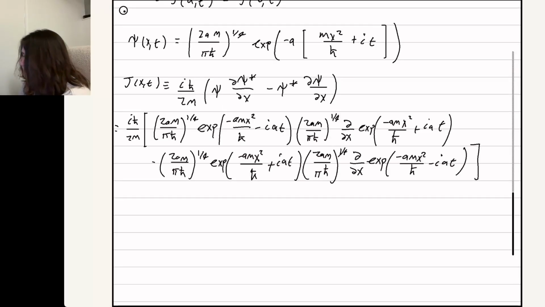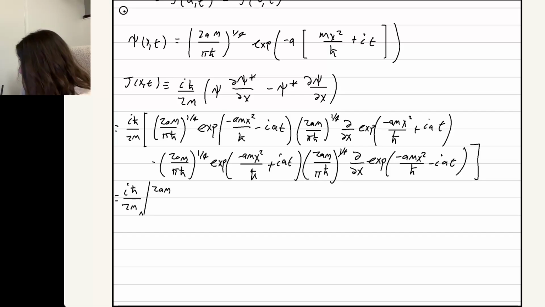You can probably already tell that the time components are going to cancel out. And then just moving right along, we're going to factor out the square root of 2am over πħ stuff.